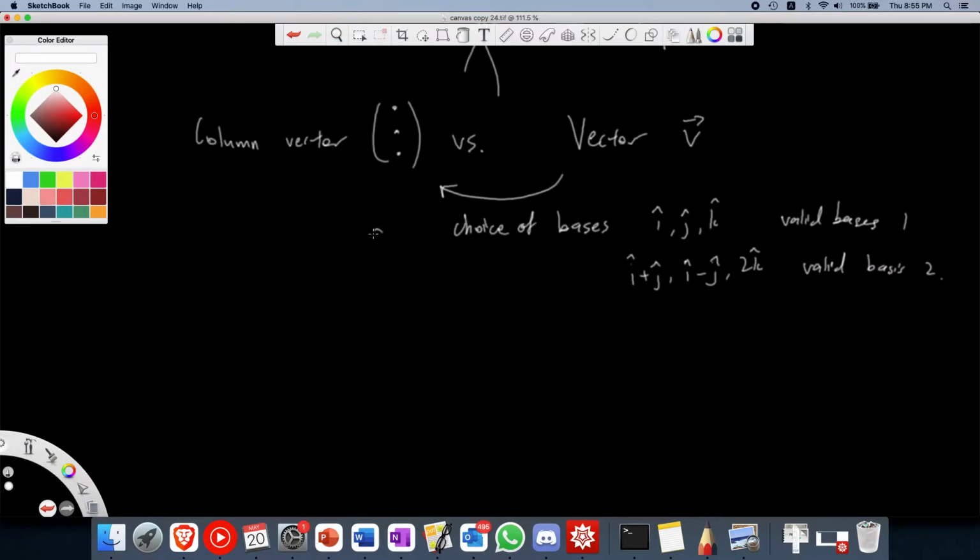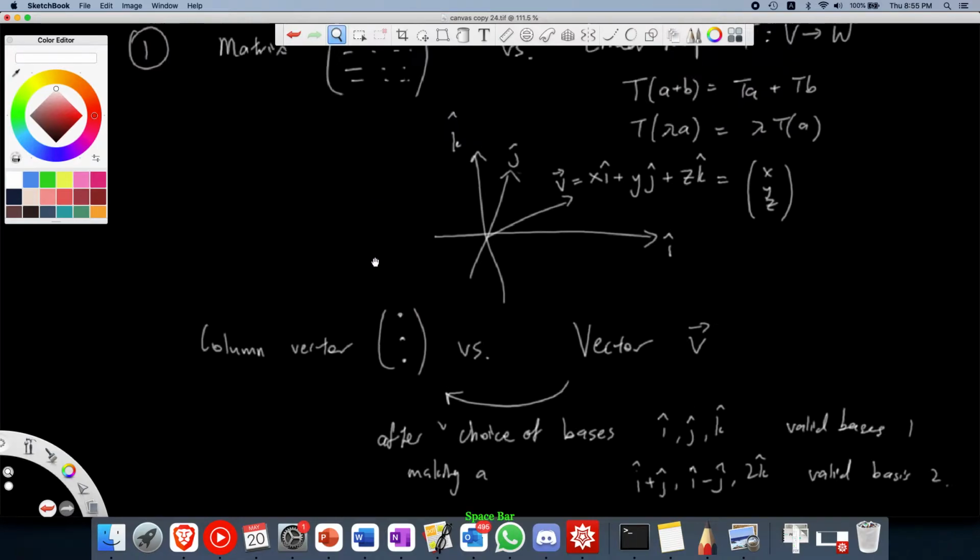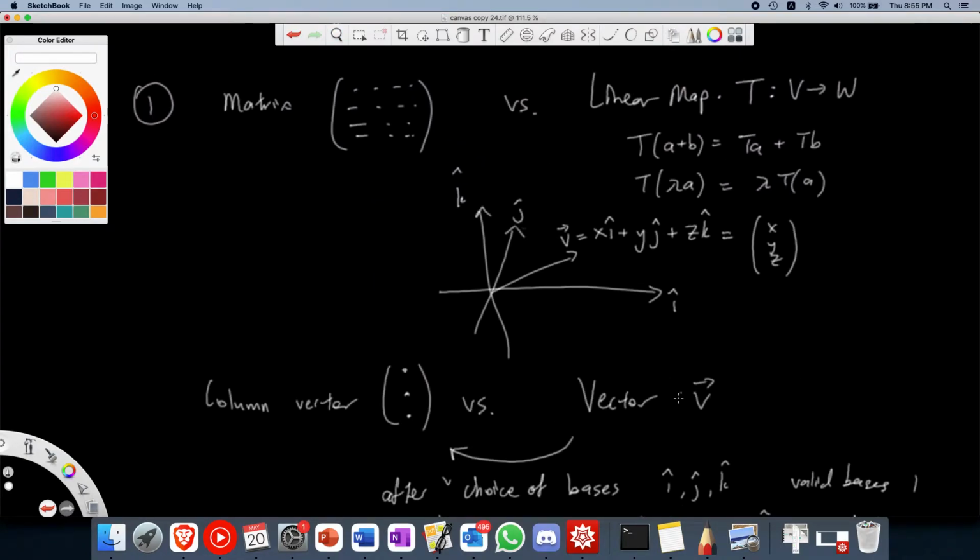After making a choice of basis vectors, you can obtain the components of the vector and put them in a column vector, and that is how you go from a vector to a column vector. In a sense, you take the vector and project it down onto the basis vectors to obtain the column vector.